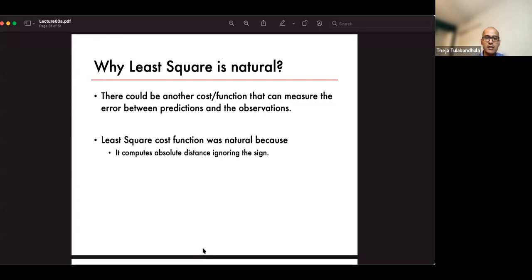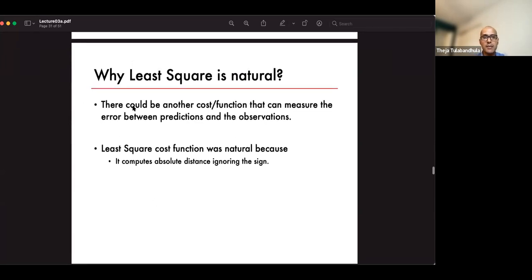We're not really skipping a lot of slides, but what's going on is, can you see my lecture slide 03A? I'm on page 31. I'll come back to here in a second.